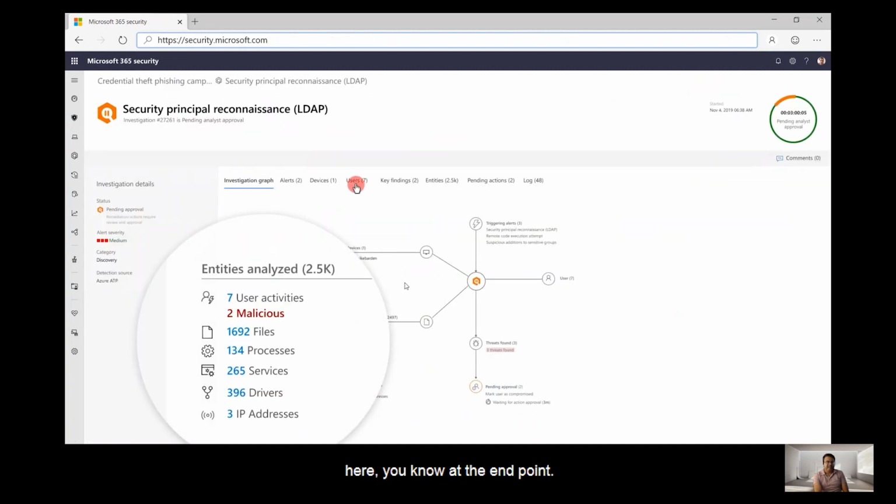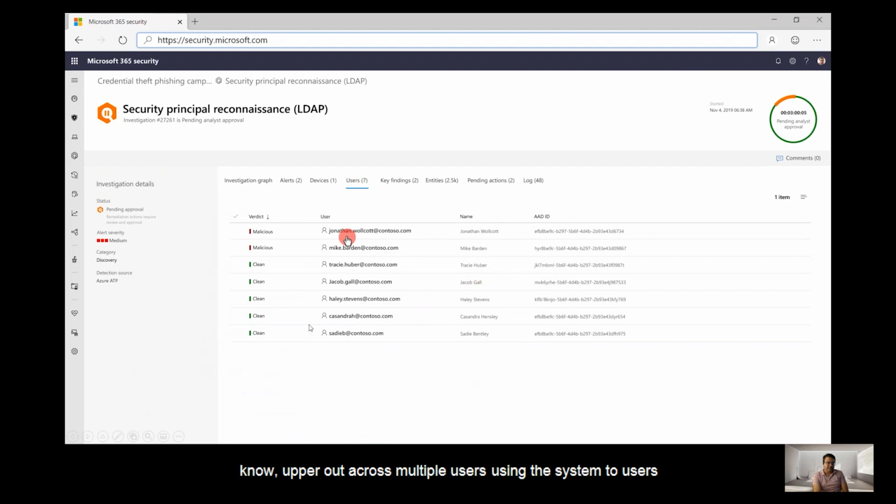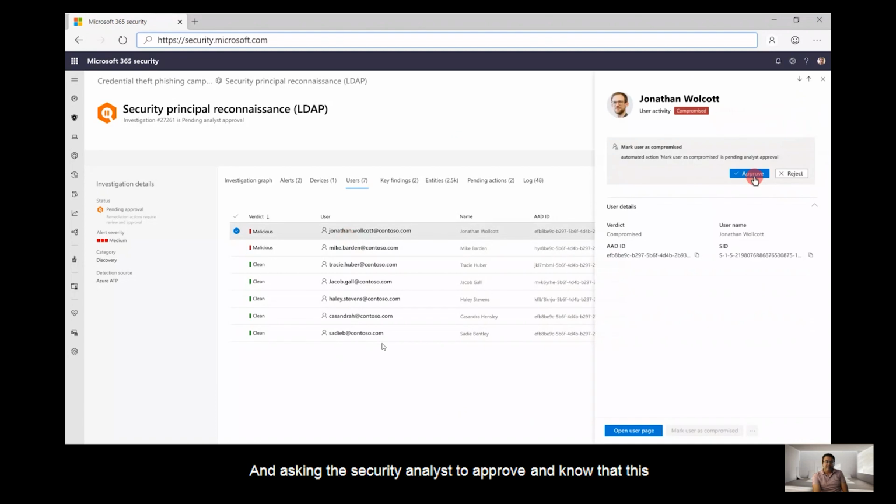And if you look here, at the endpoint, this particular automation is looking at the various aspects of file, processes, services, drivers, IP address, and user activity dependencies, and it has curated that across multiple users using the system. Two users are compromised, and it is asking the security analyst to approve that these users are definitely compromised, so that the response, targeting the user for self-service password reset, can also be initiated as a workflow.